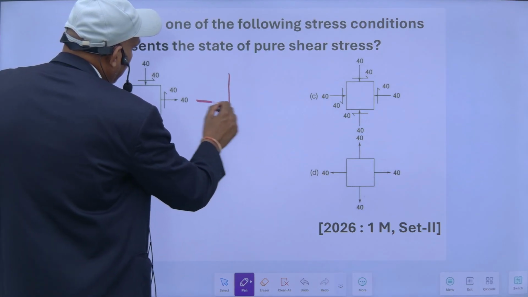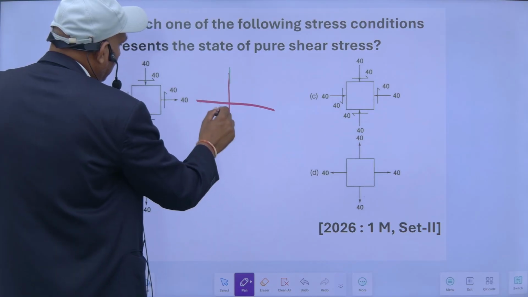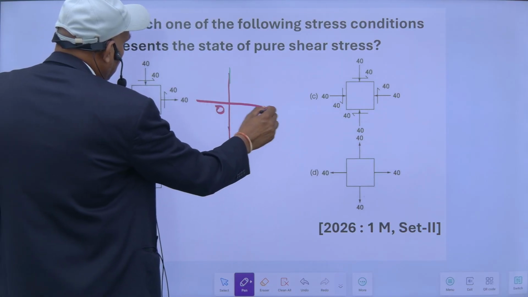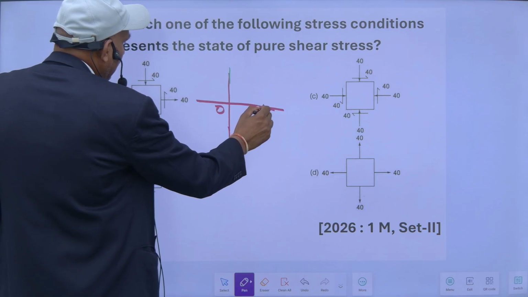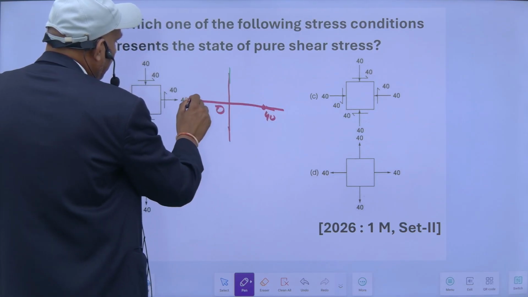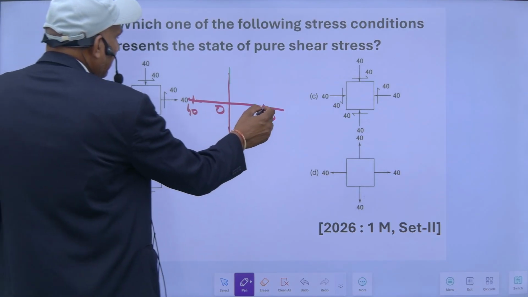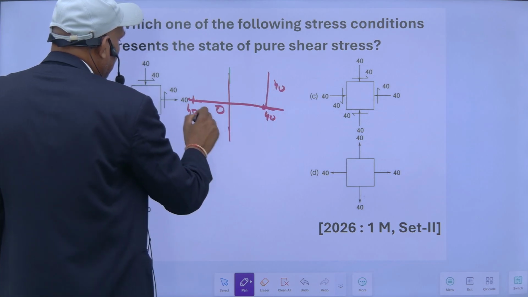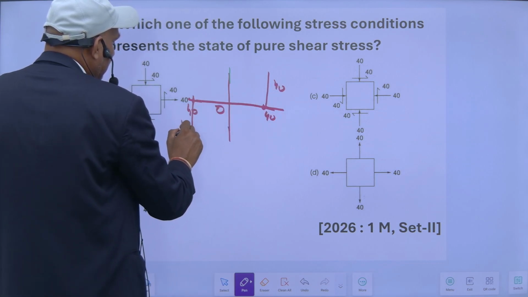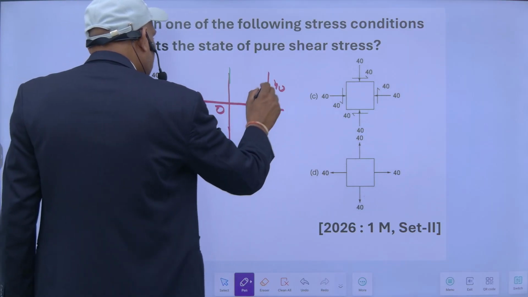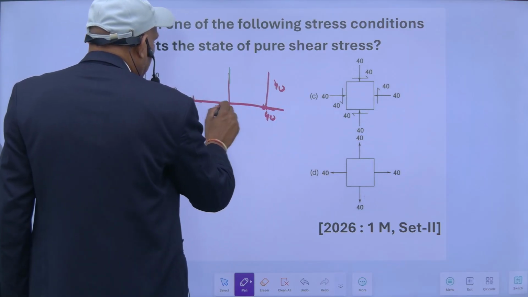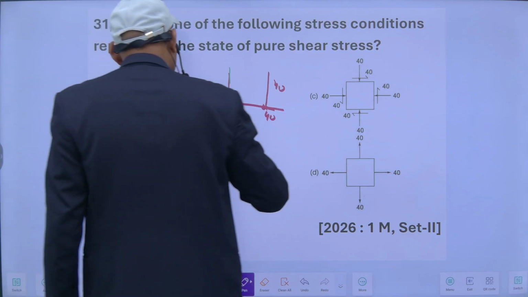This is the origin. This is 40 tensile. This is 40 compressive. And shear stress is 40, this is 40. So it will pass through the origin.